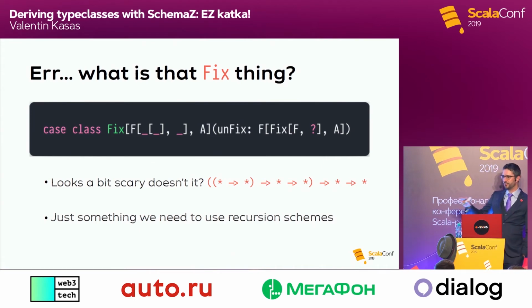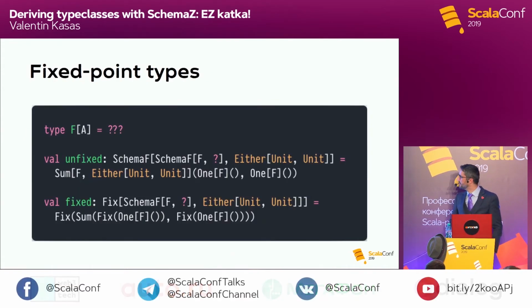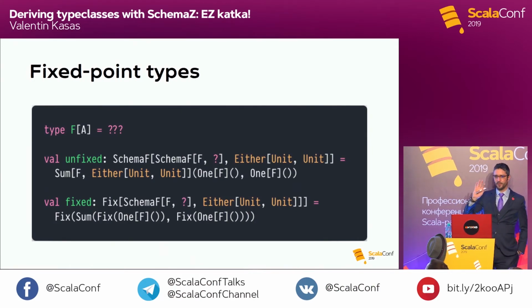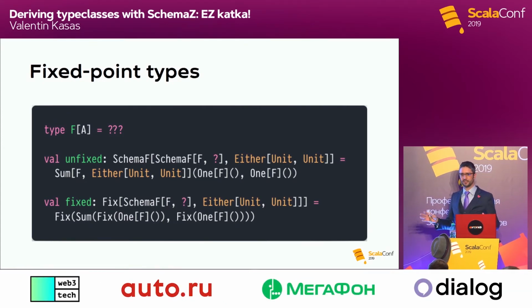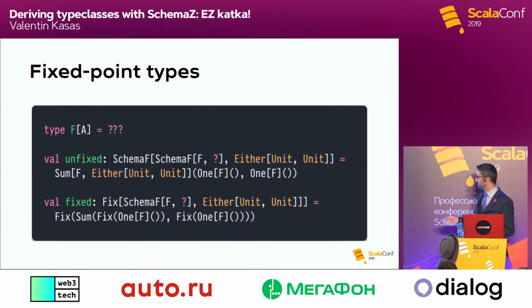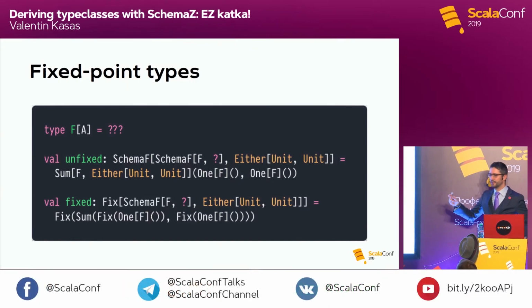It's something we need in order to be able to use recursion schemes. But just to give you a sense of why we use that, I think there was a talk about recursion schemes earlier, so you're probably already pretty familiar with that. If I just build my things around only the SchemaF type, what happens if I put two units, so the one F here, inside a sum?